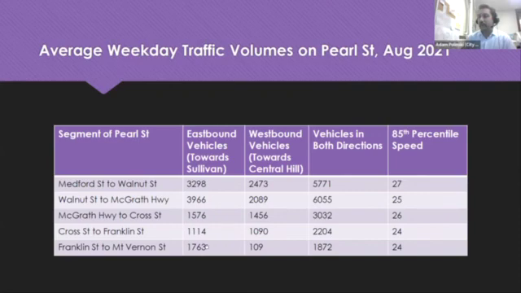There is certainly an amount of cut-through traffic as you're heading on Pearl over to Mount Vernon, but generally speaking, it is a little bit lower than some of the other sections of Pearl, and most of it is just heading eastbound. So we believe that just given the number of pedestrians and with the addition of the speed humps, it can become a lot more comfortable and people will do a better job of yielding to pedestrians on this section.